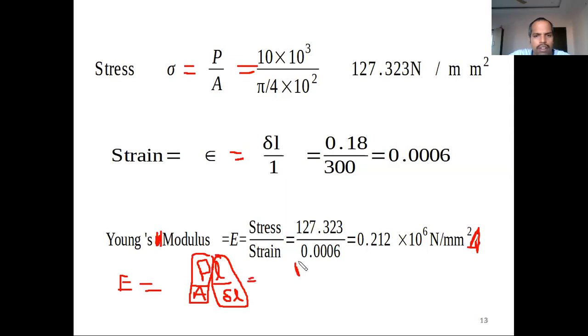So P by A is nothing but stress, and delta L by L is strain. That's it, the same thing here.